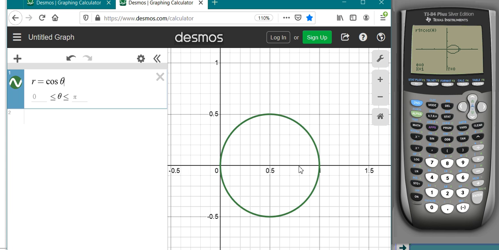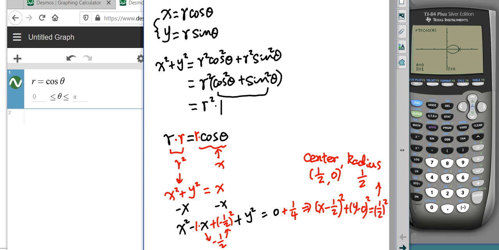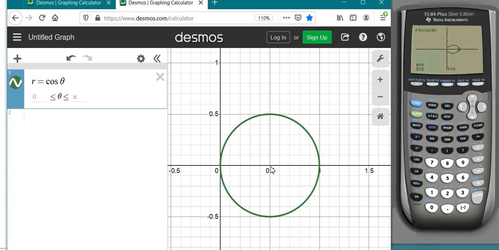The radius is from here to here, which is 1/2. So that basically tells us (1/2, 0) is the center, and 1/2 is the radius. Either way, you'll get a nice graph.